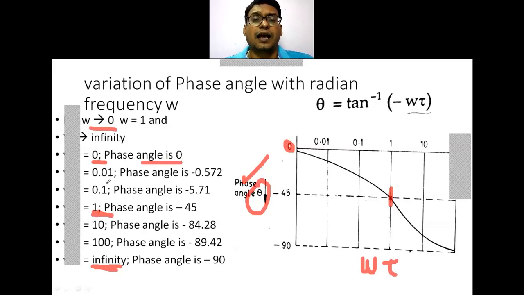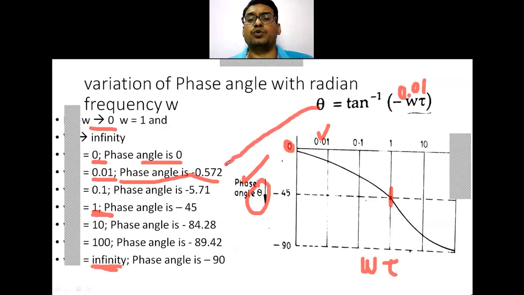Then I substitute omega tau equal to 0.01 and calculate the phase angle as tan inverse of 0.01. So theta is calculated as minus 0.572.